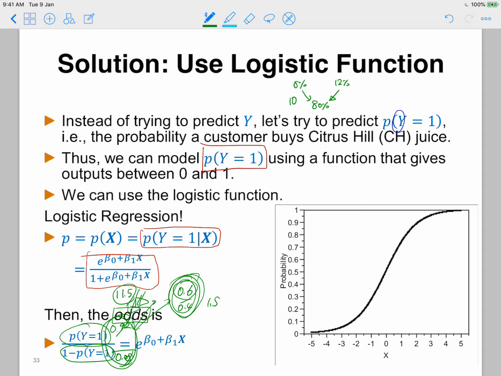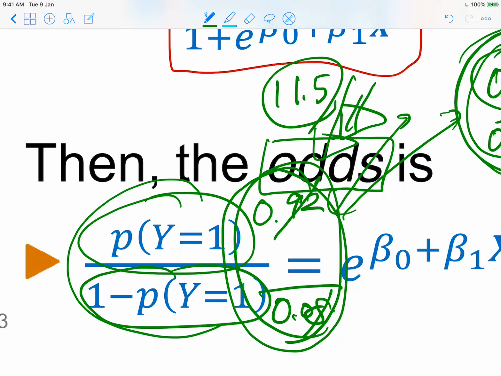So back to this binary case, what is the range of this odds ratio? The minimum value is of course 0, right? What if I have 0 probability and 100% probability of winning for the other guy?